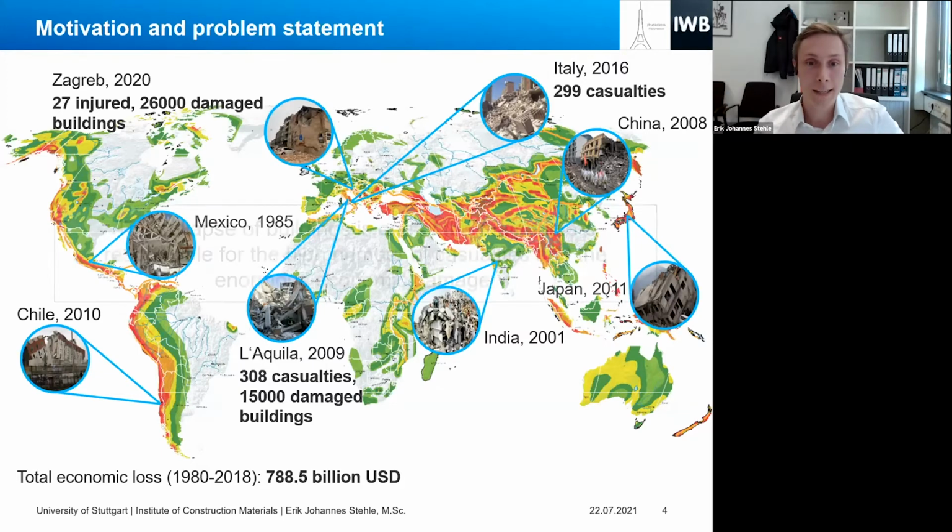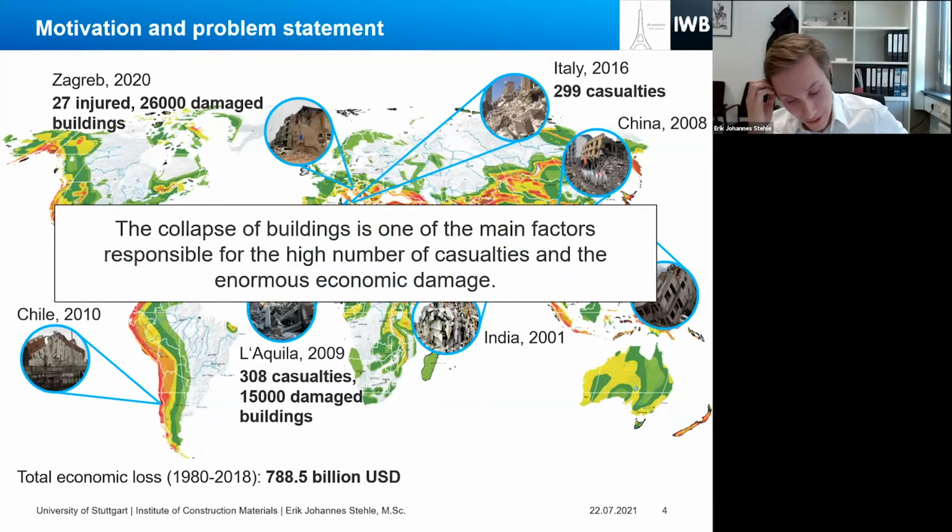And this high level of devastation is also a result of the collapse of many buildings due to the seismic actions. And thereby, I'm not only talking about older masonry structures, but also a large number of reinforced concrete structures are collapsing during seismic events.